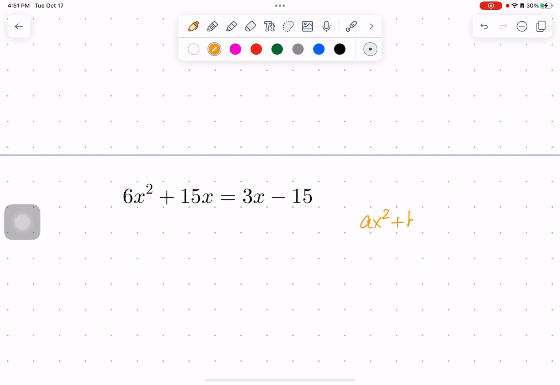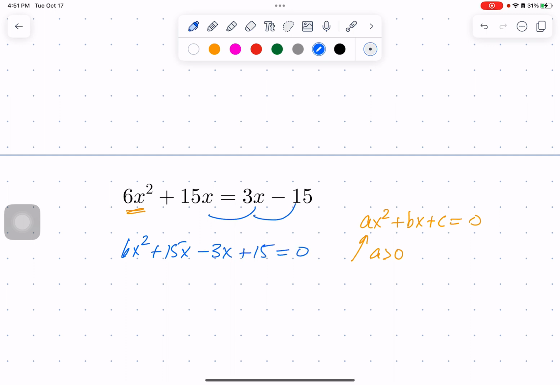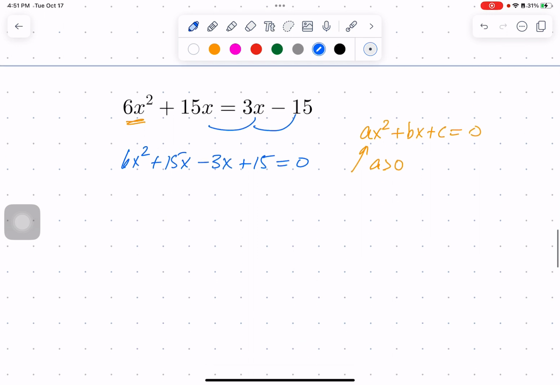We have to get everything on one side, and I want the a to be greater than 0, so I'm going to leave the 6x squared there. So it's 6x squared plus 15x, bring the negative 3x over, and bring the positive 15 over, and that leaves me with a 0.